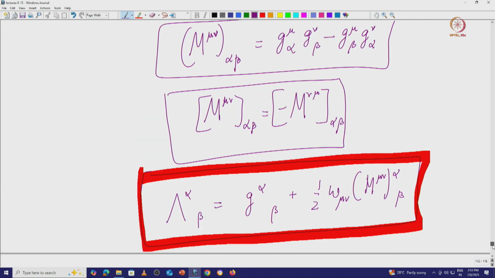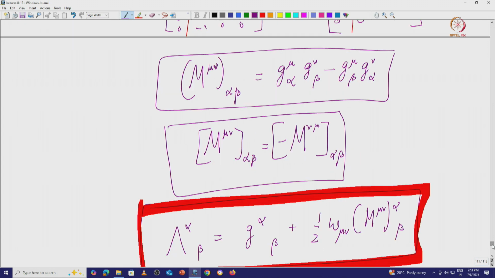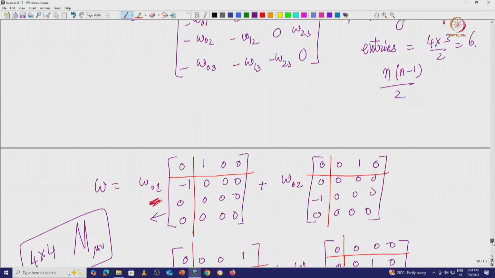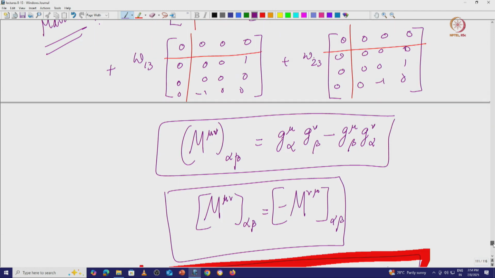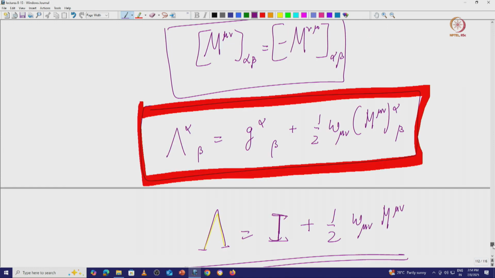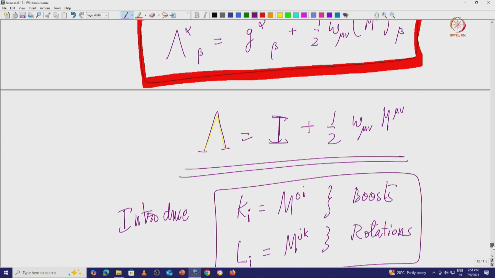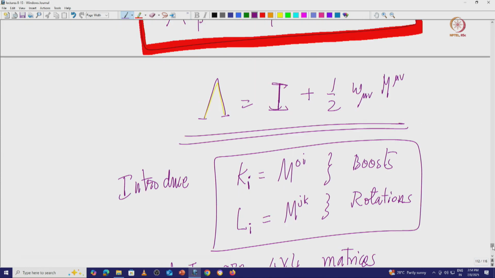Okay, now we did some small modification, and we can re-express everything in terms of some matrix M. So these matrices can be written in terms of some M alpha beta times omega mu nu, where omega mu nu is given in this particular fashion. And so these M mu nu are essentially the generators of boosts and rotations. They end up being the generators of boosts and rotations.